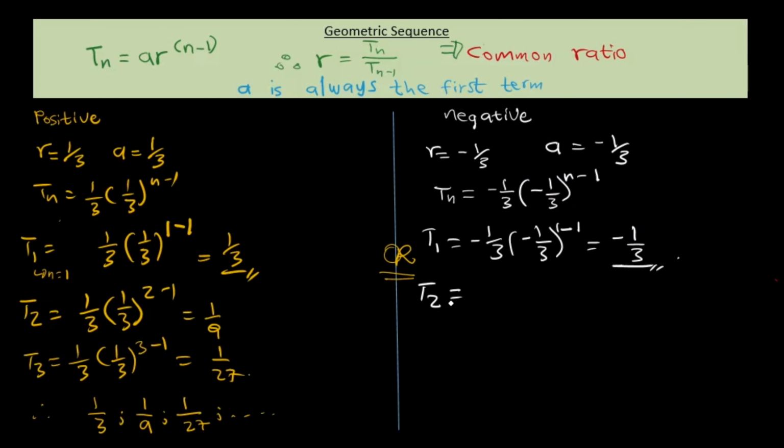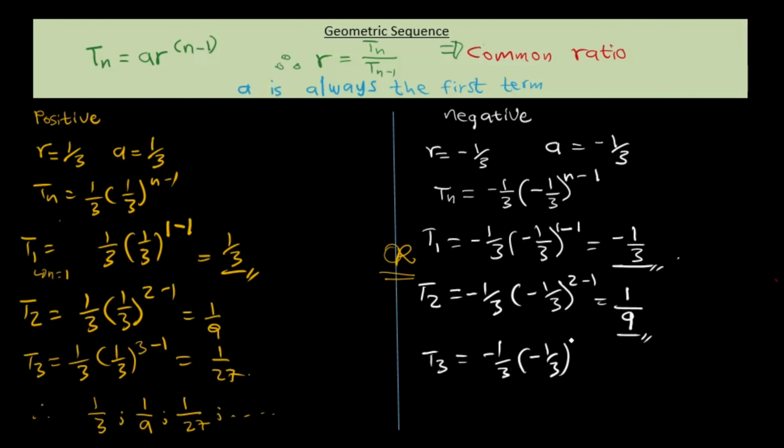T2 will be minus 1 over 3, minus 1 over 3 to the power of 2 minus 1, which is positive 1 over 9. Therefore, let's go to T3. Minus 1 over 3, minus 1 over 3 to the power of 3, meaning n is equal to 3, minus 1.